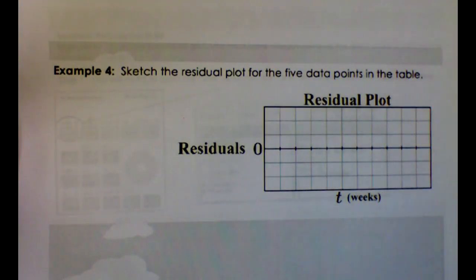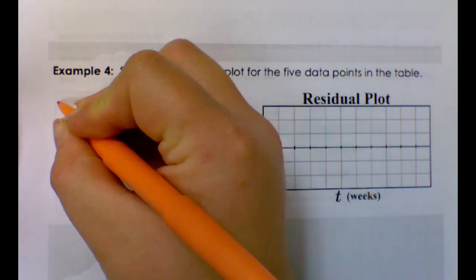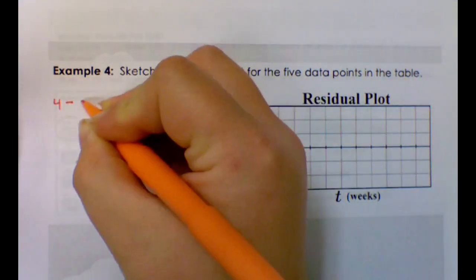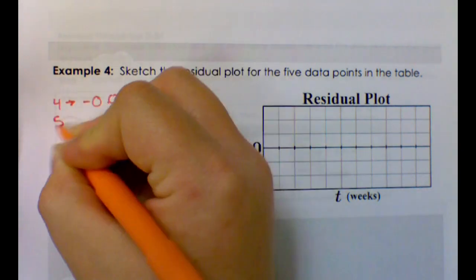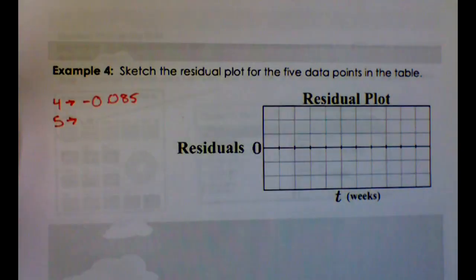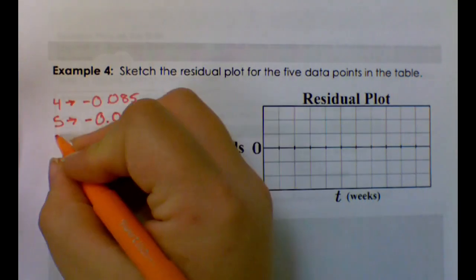So let's see what all my values are first. All right, so at 4 weeks, my residual is negative 0.085. 5 weeks, let's see here. 4.4 minus my predicted value at 5 weeks is negative 0.07. We already figured that out, didn't we?